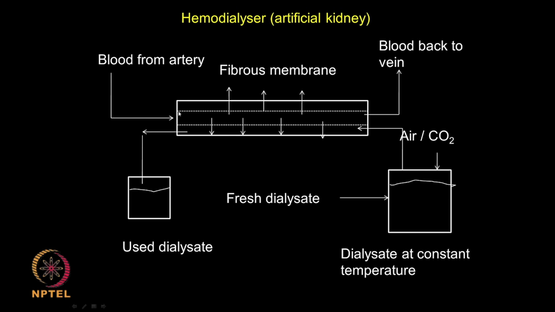So, what do you have here? We have a fibrous membrane, and the blood from the artery goes through it and then goes back to the vein. So, blood is drawn from the artery through these fibrous membranes. On the other side we have something called dialysate. That liquid flows on the other side and the used dialysate is collected.